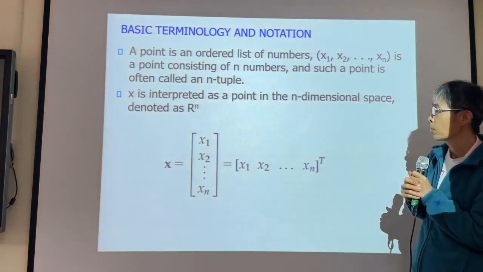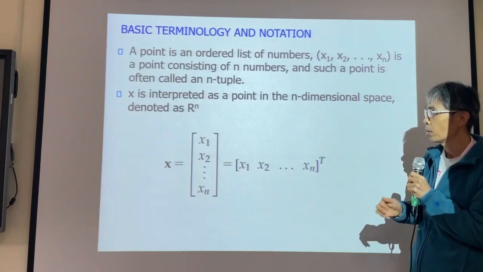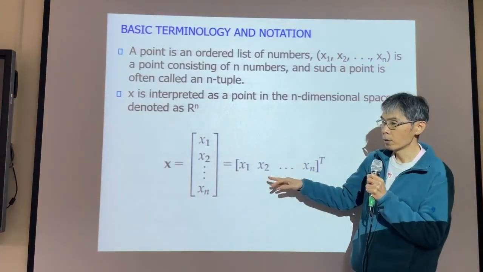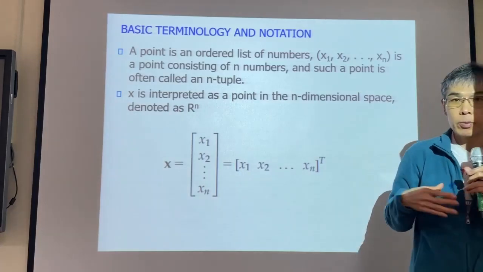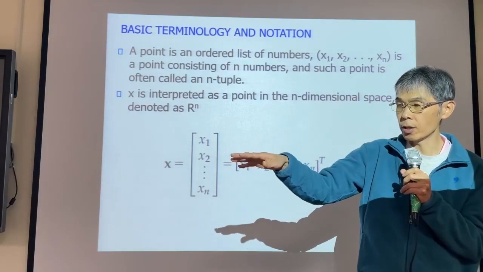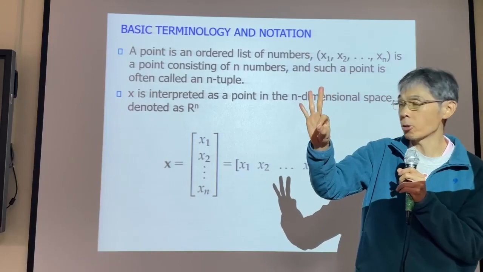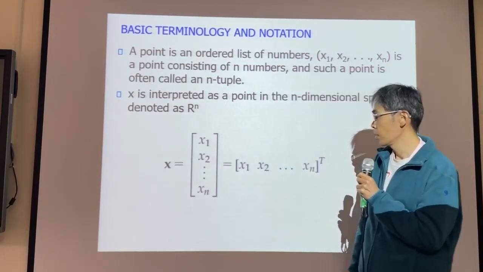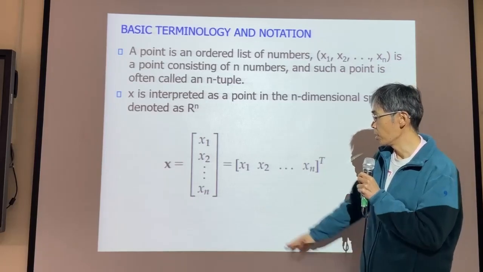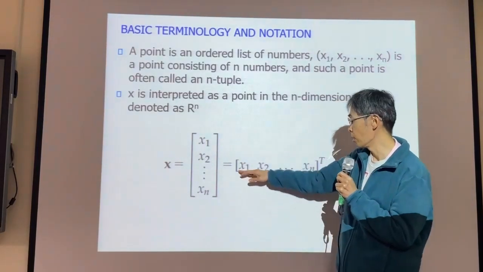Then for XYZ coordinates, if you want to describe a point in space, we need 3 coordinates. We need S1, S2, S3. And this is a column vector, and this is a row vector.